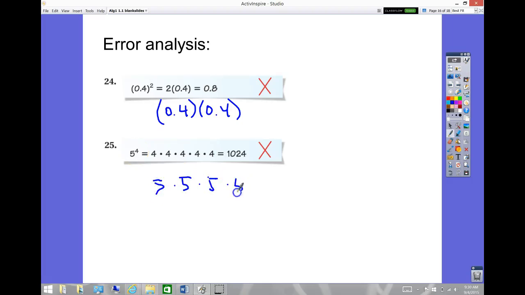I'm sorry for my writing here, but I'm just getting used to this tablet and stylus and everything. So 5 times 5 times 5 times 5, 25 times 25 is 625. That should have been the right answer. And this one I didn't say what it was, but 4 times 4 is 16, but we would move over the decimal point, so it's 0.16.